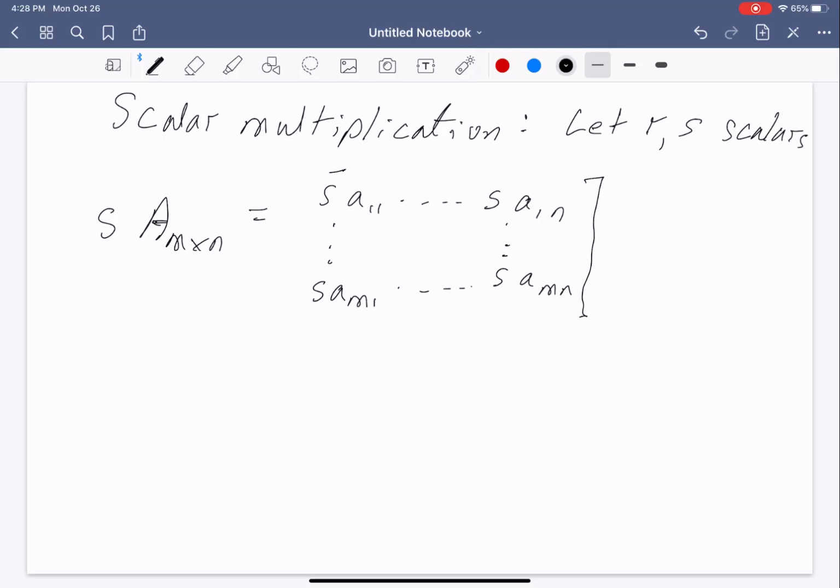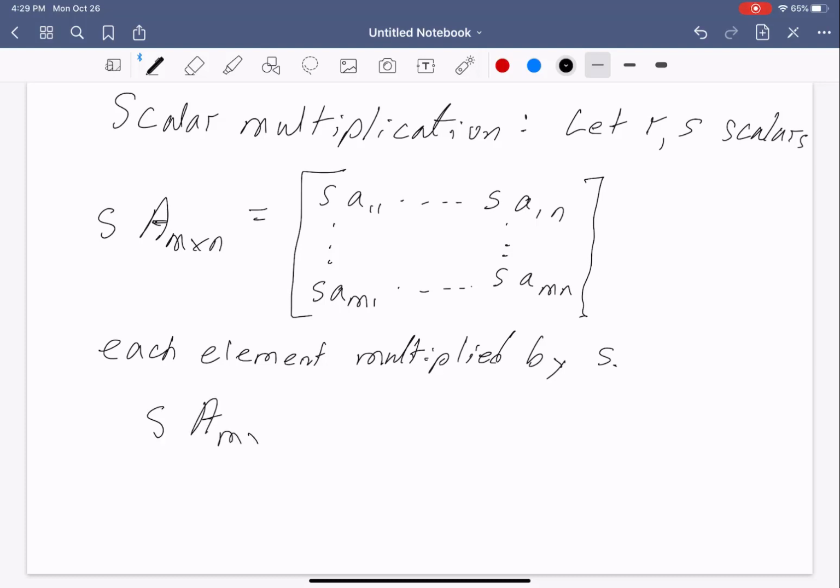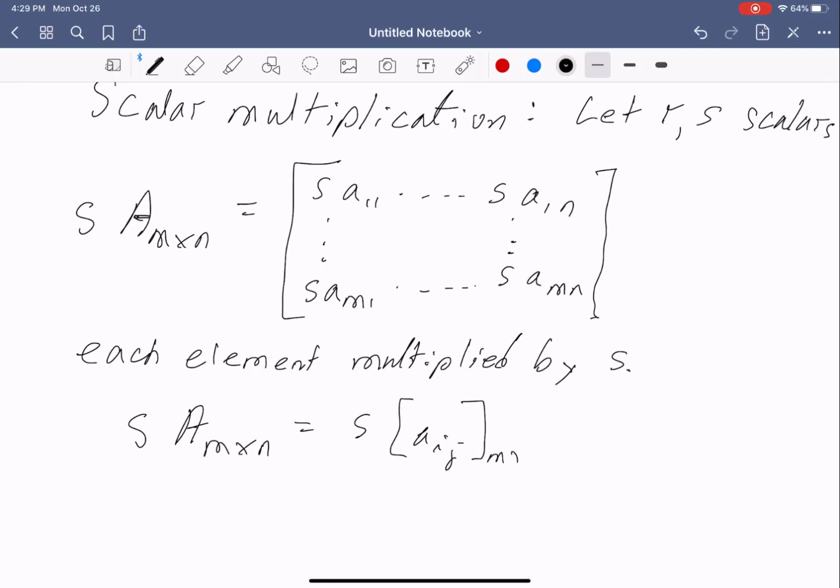So what we've done here is we've multiplied each element by the scalar S. We could also write that as S times A, M by N, is equal to S times a_ij, M by N. All right, that's scalar multiplication.